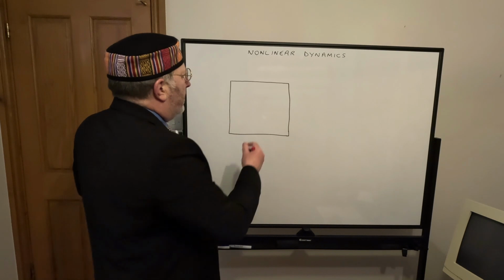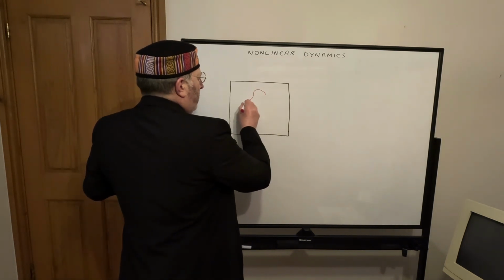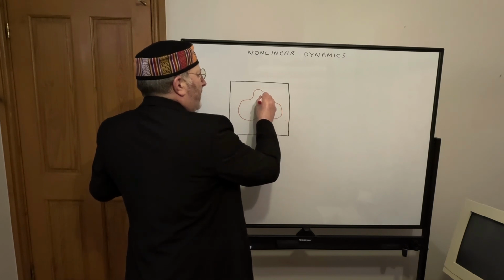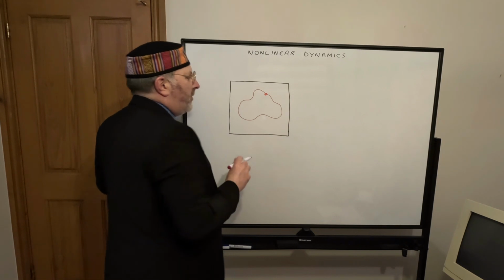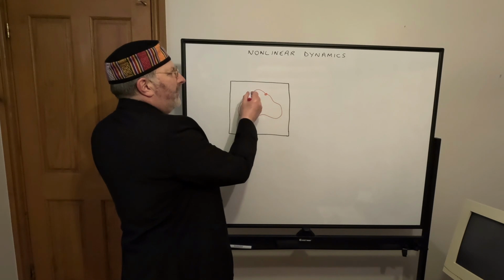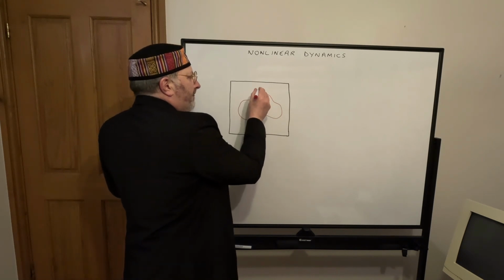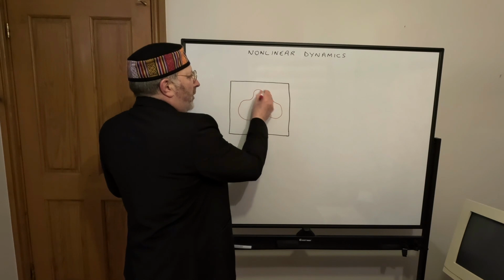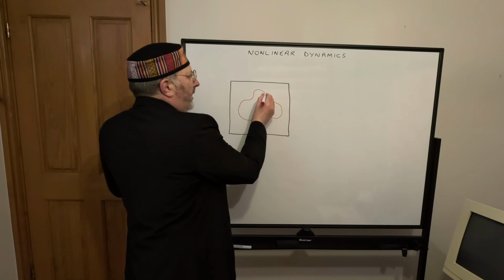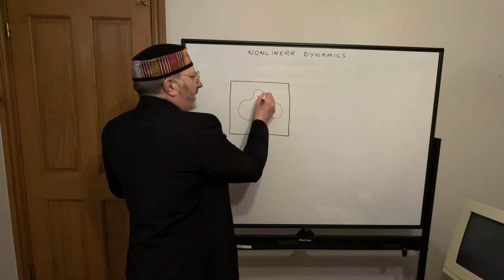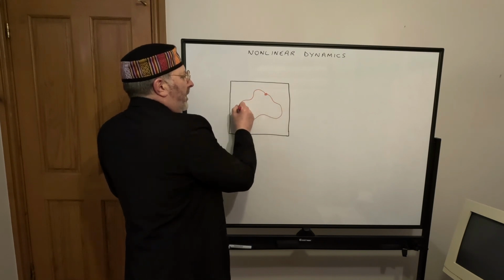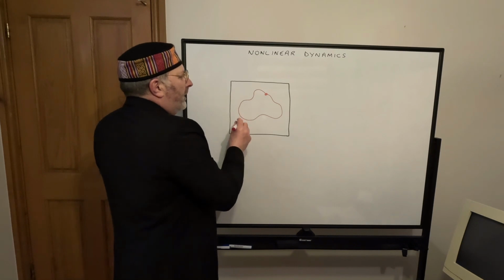Then as the system evolves, it can go around in this box, but eventually it's going to hit its own path. And at that point, it's ever after going to carry on along the same path, because the phase space shows you where you are at a particular point and where you move to next. So if you go through this point again, you will have to carry on following exactly the same path that you followed from it before.